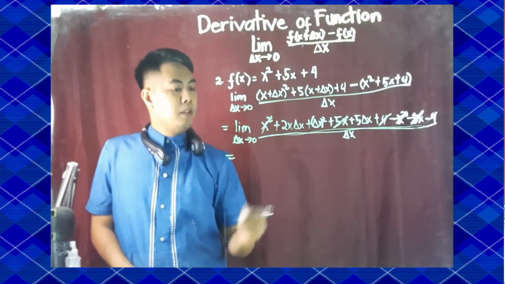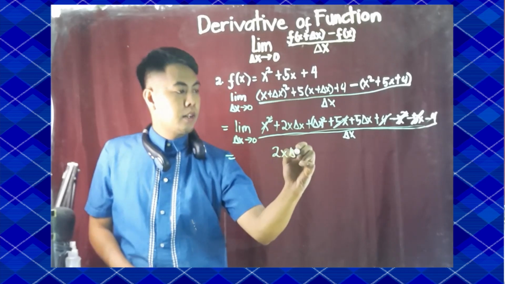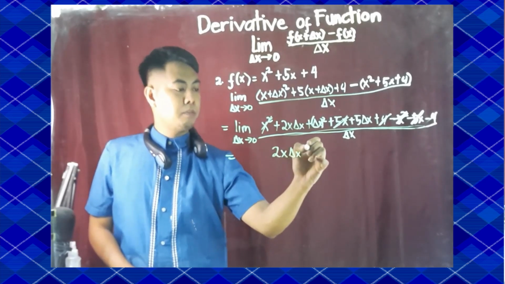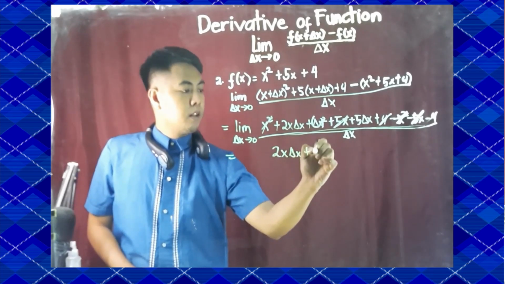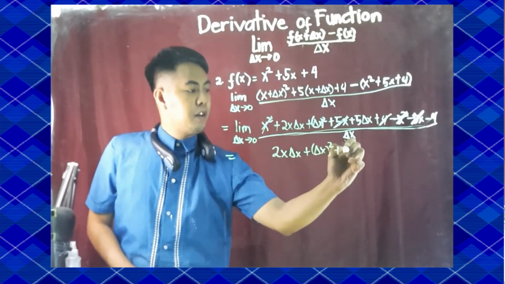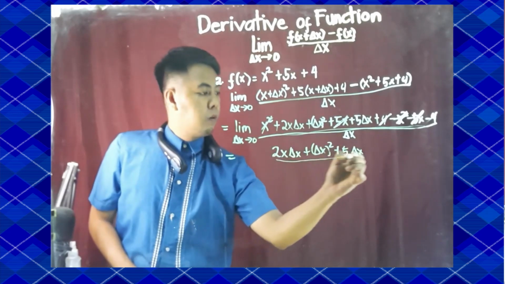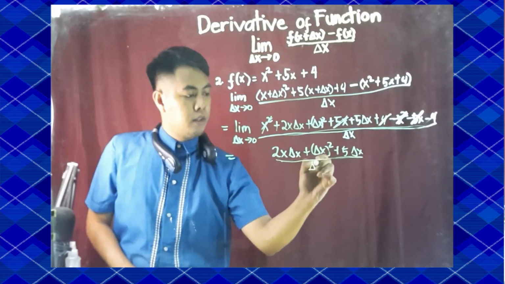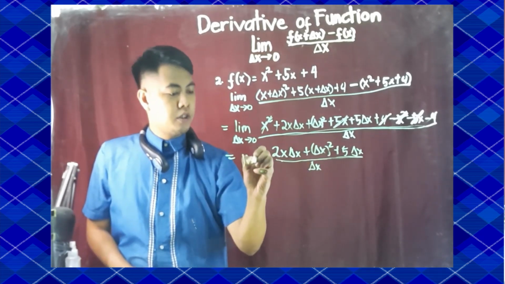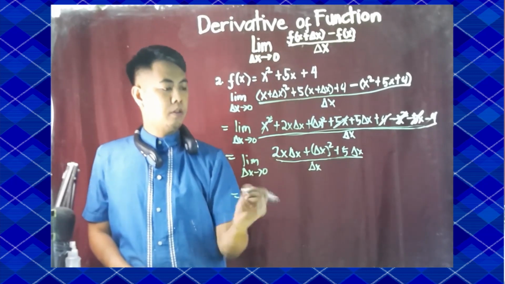Okay? So the remaining terms now in the numerator, we have 2x delta x plus delta x squared plus 5 delta x all over delta x. So this is a limit where delta x approaches 0.